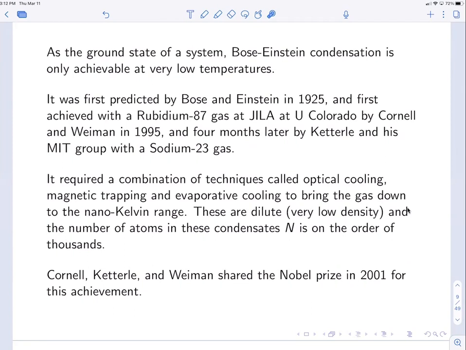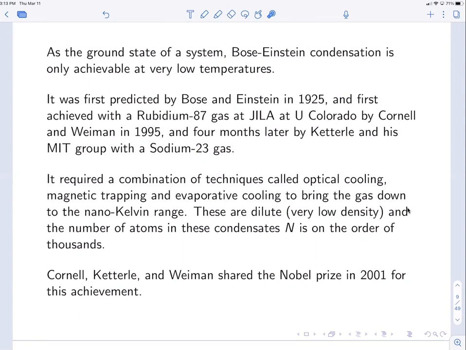They all shared the Nobel Prize in 2001 for this achievement, but it required a combination of many experimental physics techniques called optical cooling, magnetic trapping, and evaporative cooling, all necessary to bring the gas down to the nanokelvin temperature range.